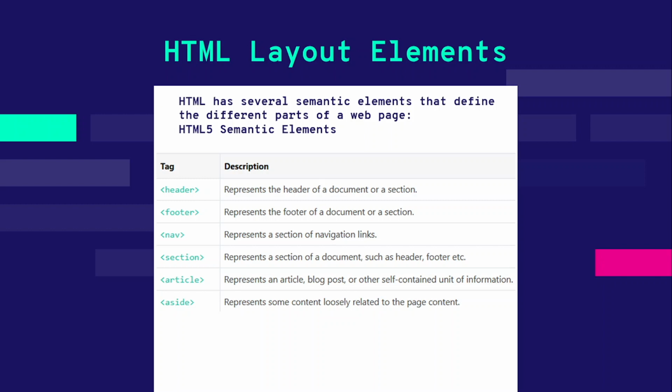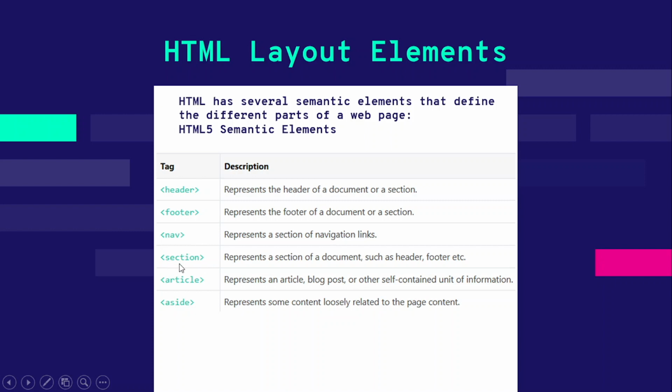Semantic elements are the standard elements used for creating layouts of a web page. If you want to create the top section, that should be done with the header tag. If you want to create a bottom section or a footer section, you create it with a footer tag or footer element. If you want to create a navigation bar, you use the nav tag.